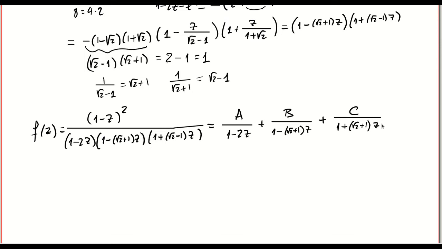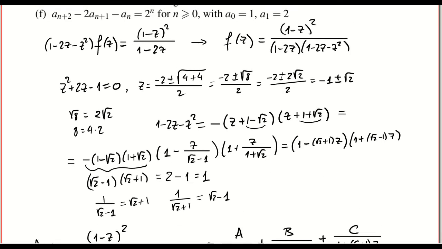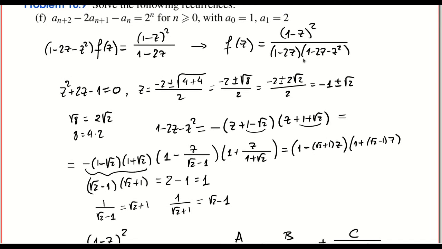And as usual, what we have to do is multiply by the denominator here and get a polynomial expansion. So we have 1 minus z squared is equal to a times the product of this and this. But remember, these are the two factors in which we are factorizing this, so this here is just this product.